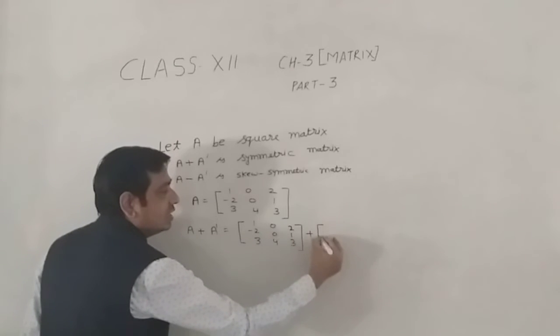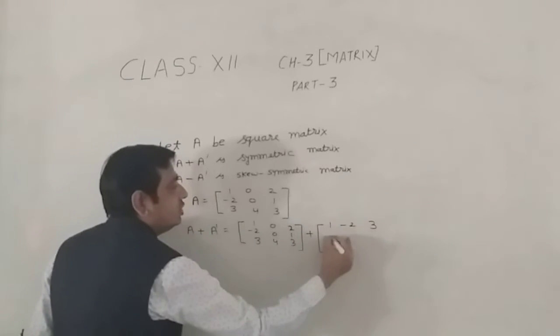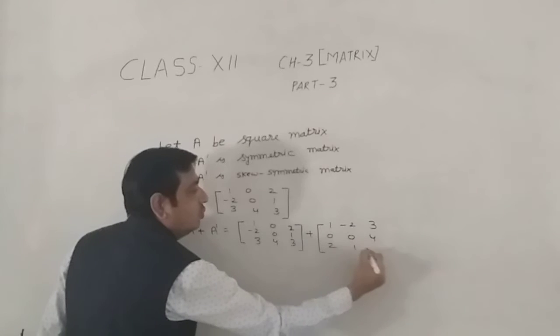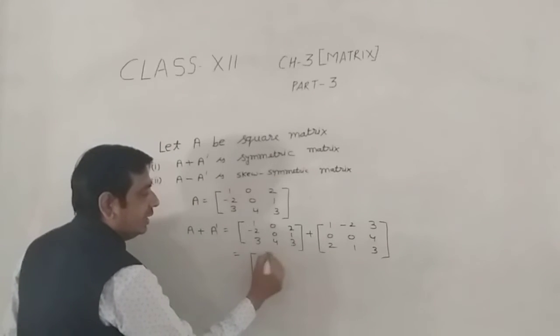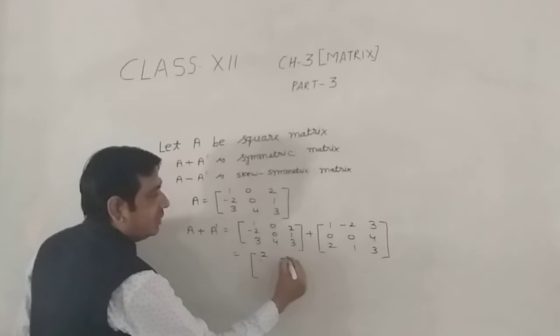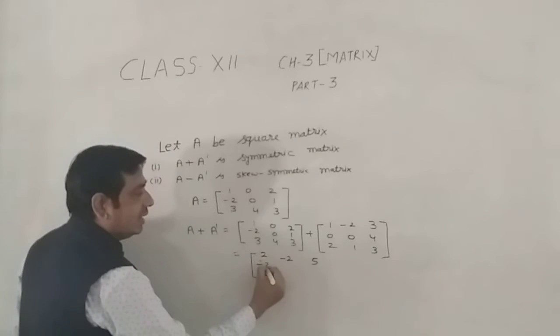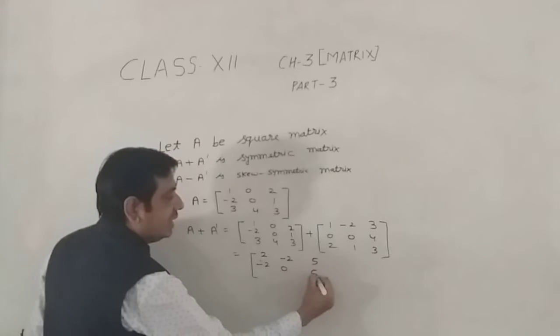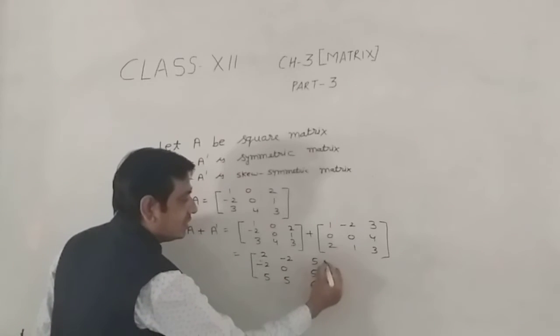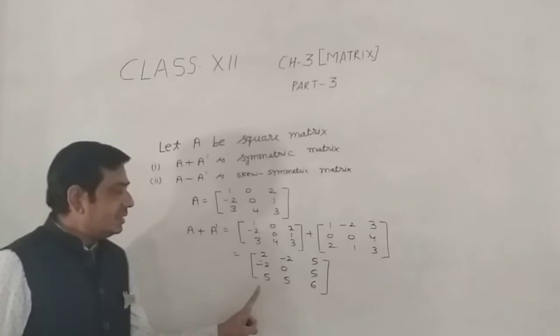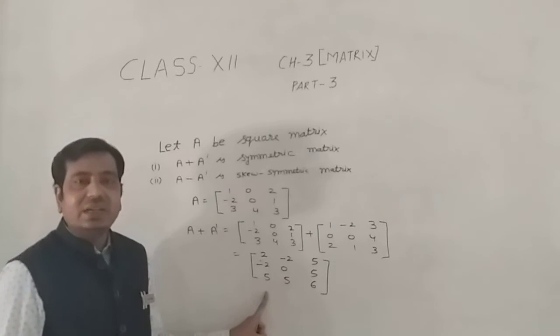Now if you add them, you get 2, minus 2, 5, minus 2, 0, 5, 5, 5, and 6. Now class, this is the symmetric matrix.